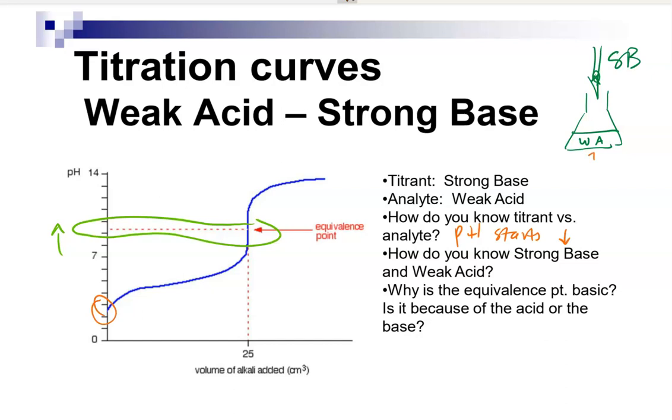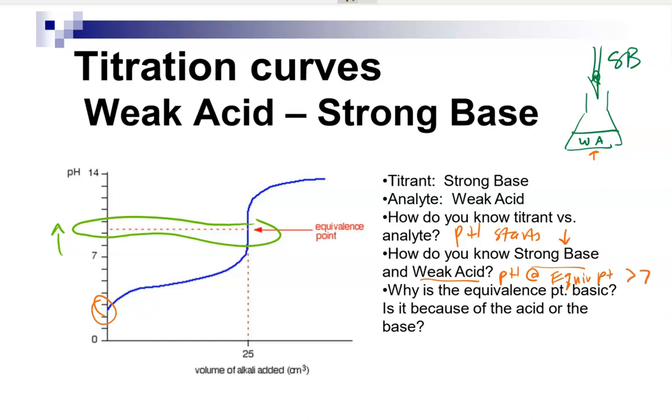That means we have an acid in the analyte. Now, the way that you know it's a strong base and a weak acid, and that it's not a weak base with a strong acid, or a strong base with a strong acid, the reason that we know it's a weak acid is because the pH at the equivalence point is greater than 7. It's basic.